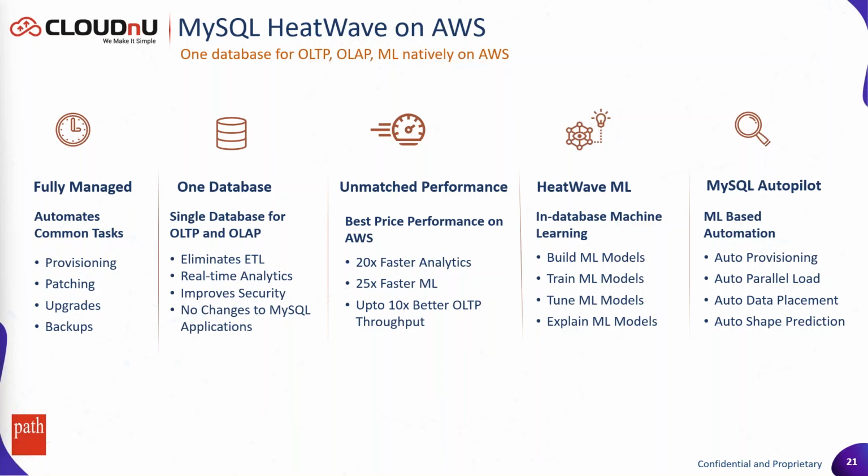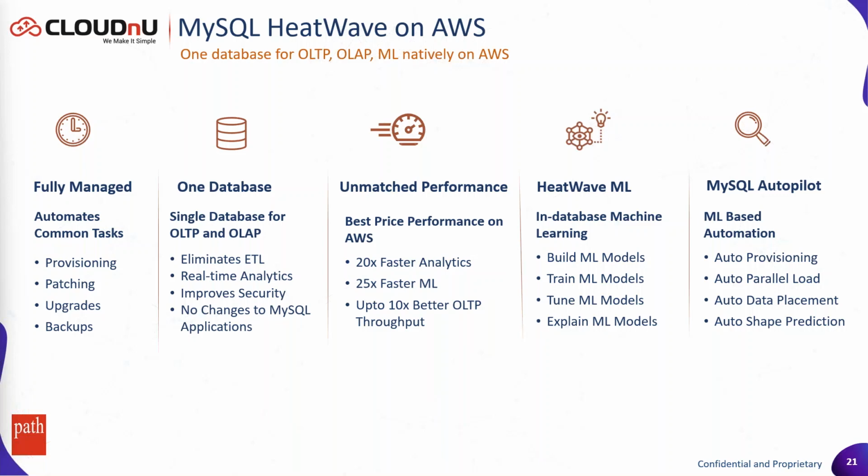That's a big problem because Amazon charges a lot of money to move data out of AWS. So rather than force companies to make this difficult decision, Oracle created MySQL HeatWave. It runs natively on AWS.